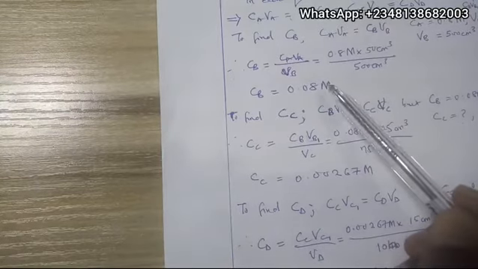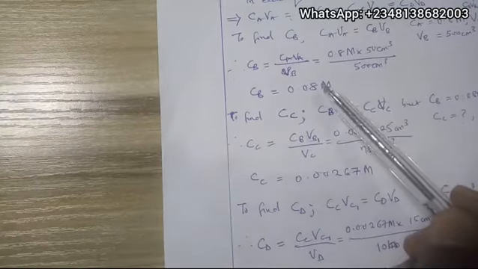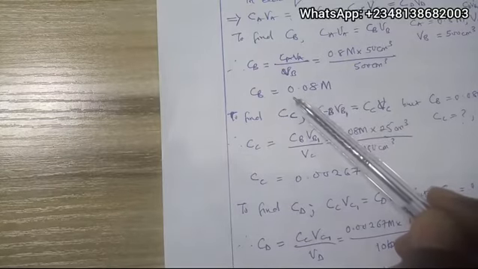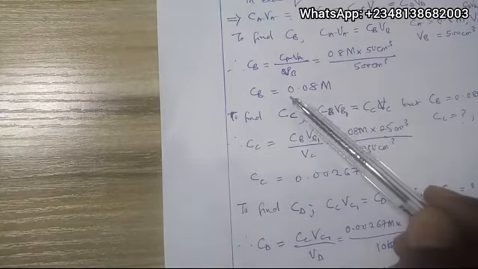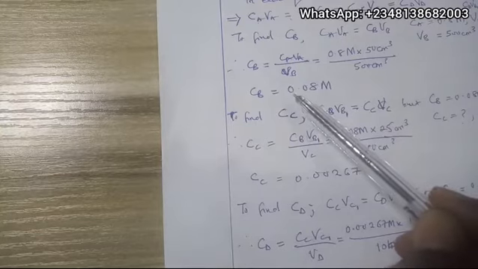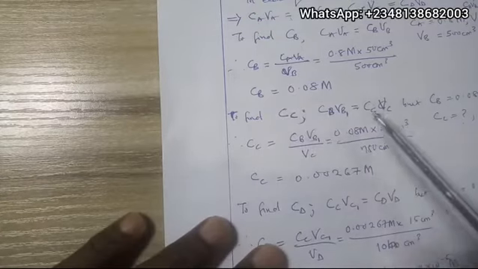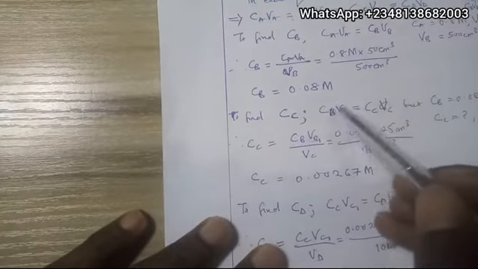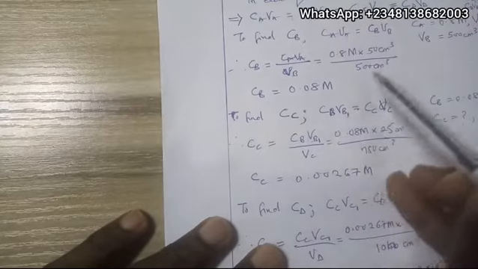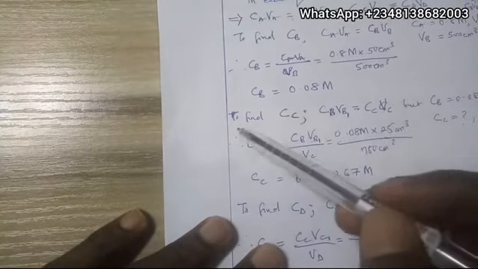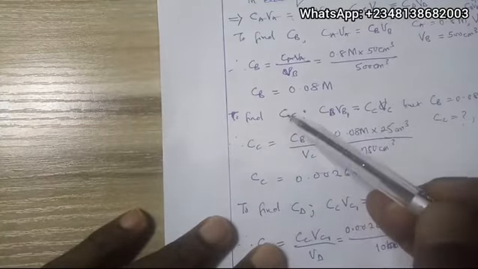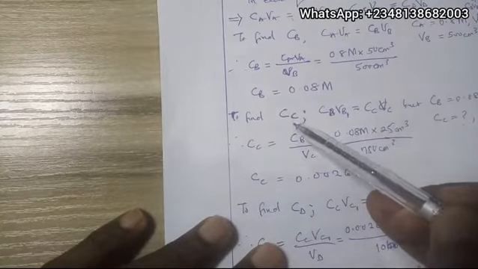Now, remember that solution B was also diluted to produce solution C. So if solution C was produced by diluting solution B, that means you can still use this relationship to find the concentration of solution C, which is CC.